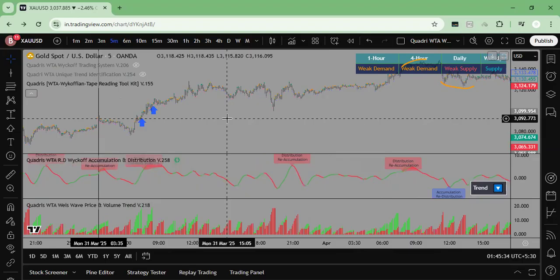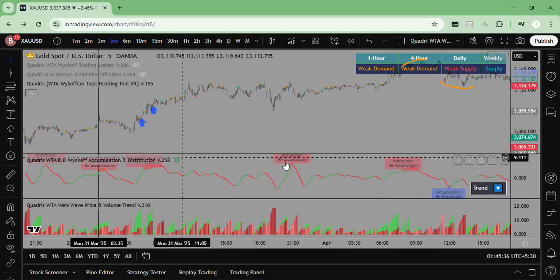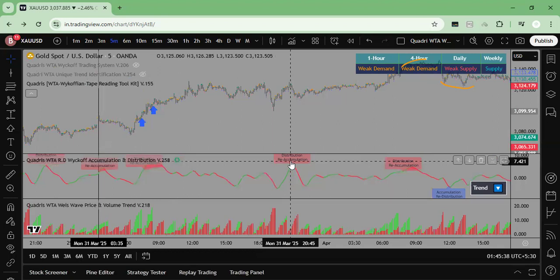Now what I've done is I've set the alerts in this one, because my main trading criteria is either distribution, accumulation, or redistribution, which is based on Wyckoff price and volume correlations.